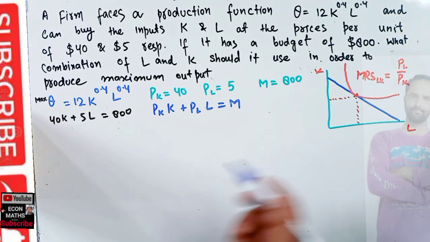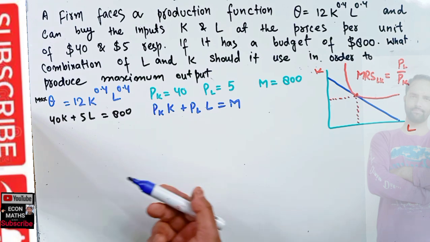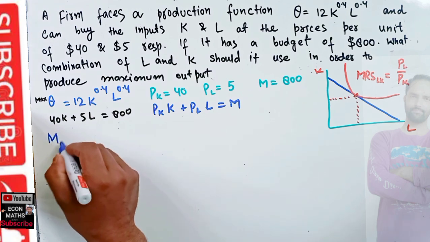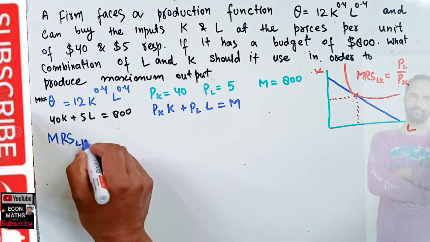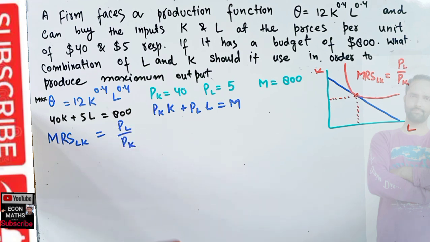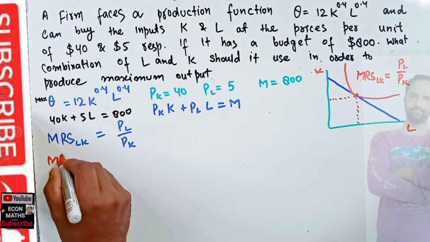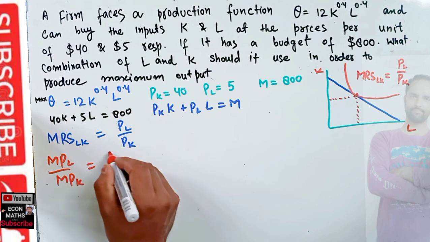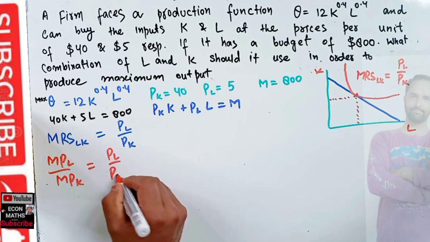So the condition for the optimal combination of labor and capital is that the marginal rate of substitution between labor and capital should be equal to price of labor upon price of capital. MRS is simply marginal product of labor upon marginal product of capital, which should be equal to price of labor upon price of capital.